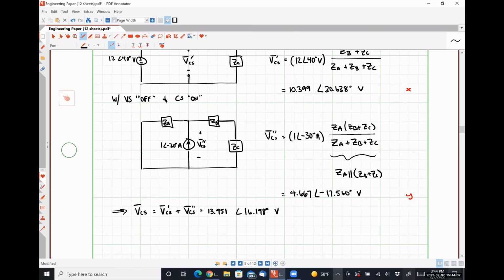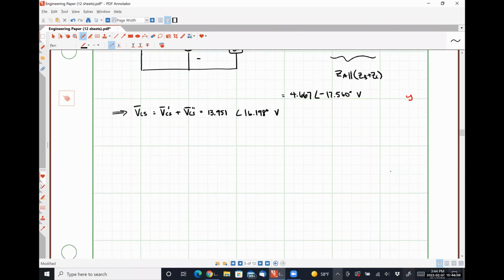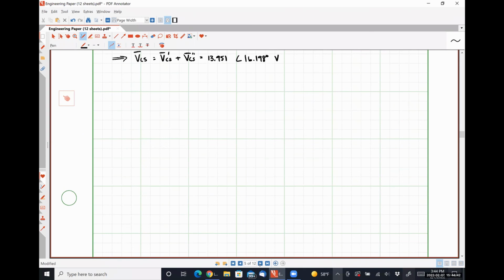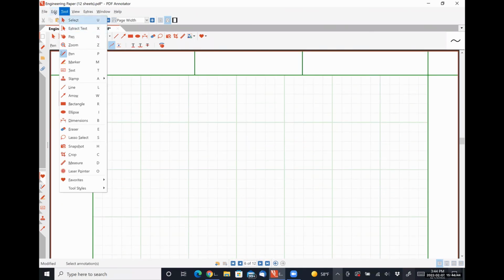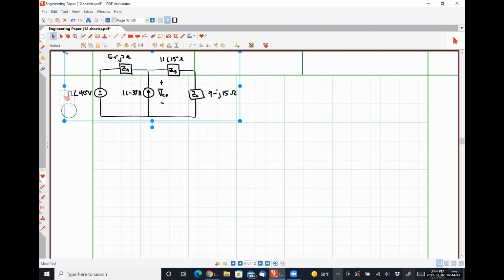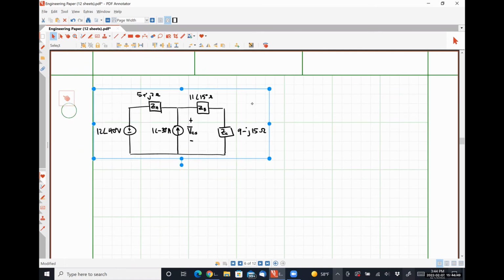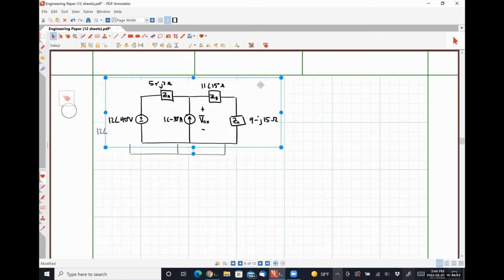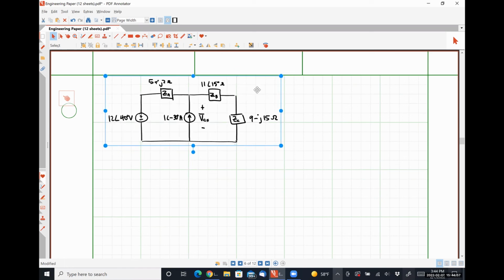Okay, let's take another crack at this problem using a different method. So Joel, how do you want to take a stab at this that isn't relying on superposition?